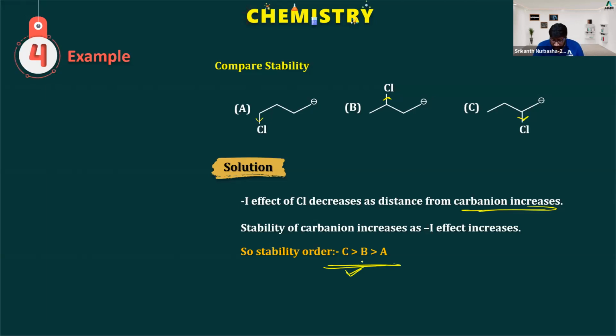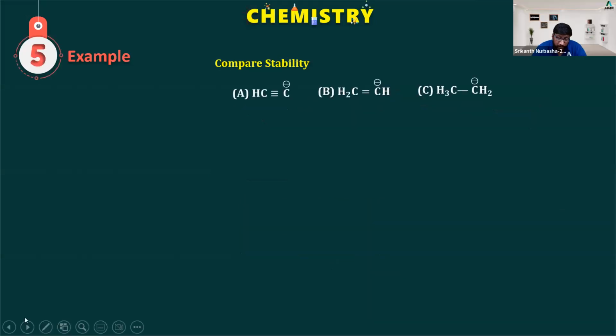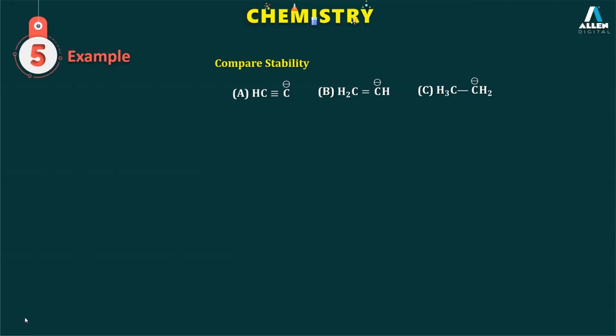Is that clear, students? Yes, right. Try to compare here. CH triple bond C minus, CH2 double bond CH minus, CH3 CH2 minus. A is more stable than B and C. Why? Because the carbon is sp hybridized. Very good.